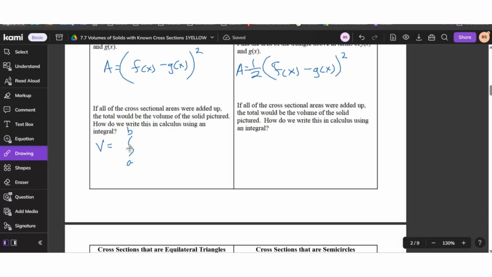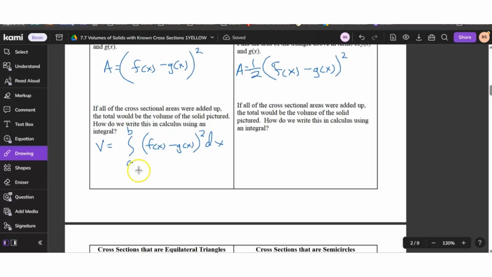Okay, Benji. Matthias. It would still be the integral from the two intersection points A to B, but now it would be f of x minus g of x squared dx. Why? Because remember, the integral is essentially just the addition of all of those things, right? We can write it with some notation, which we've done like once for you, I think. But still, we can.